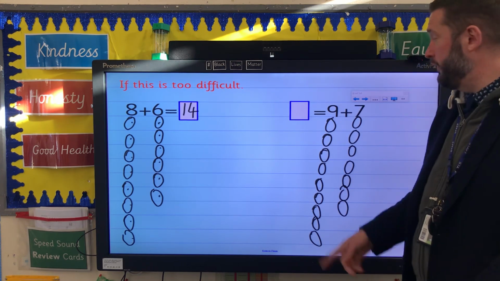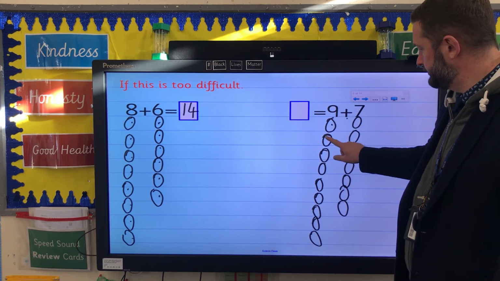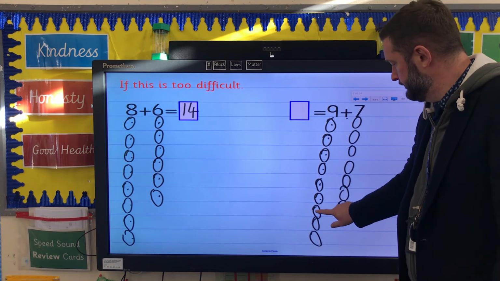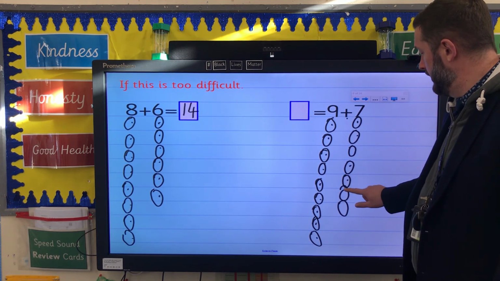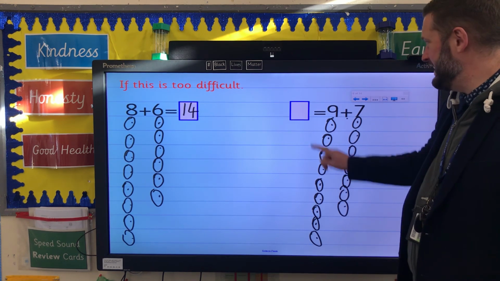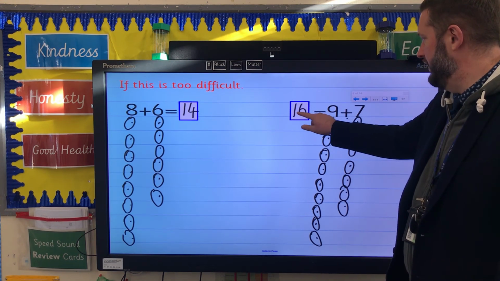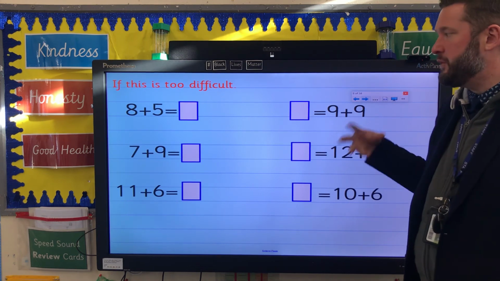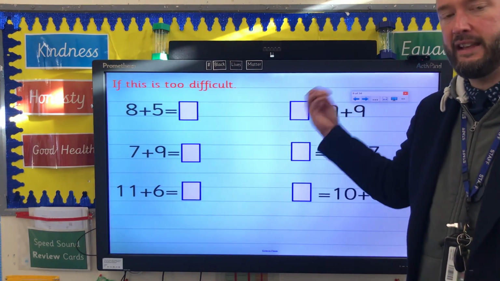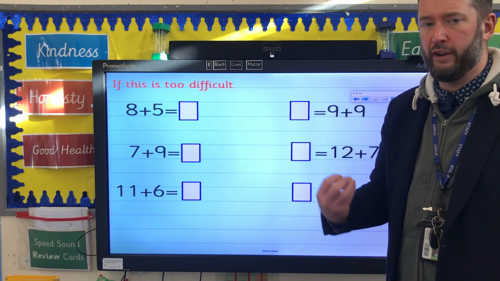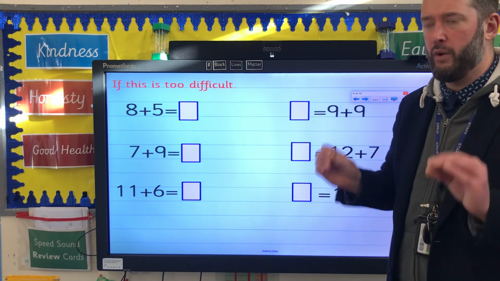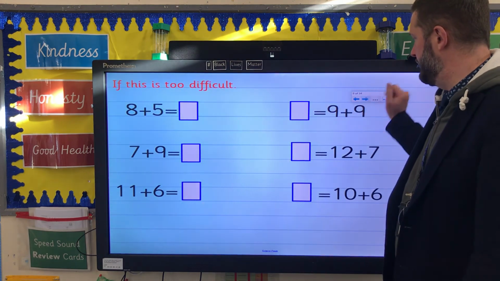Now we count all of them because it's add. Did you get 16? The answer goes in there. Okay, so you can do these calculations if the 2-digit numbers are too difficult, but please have a go at the 2-digit numbers first.